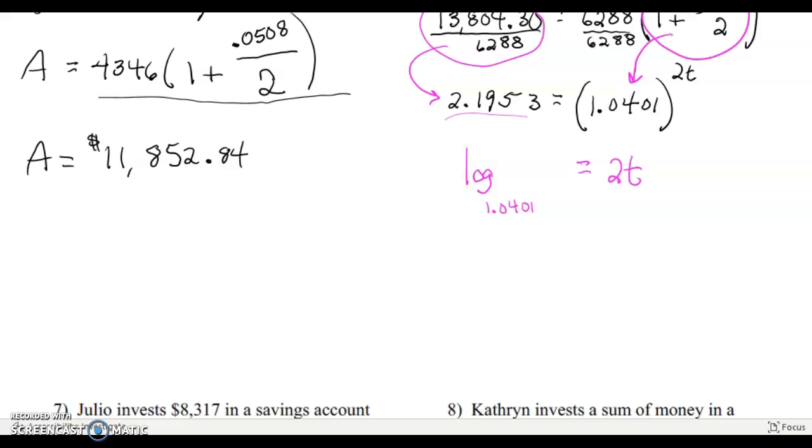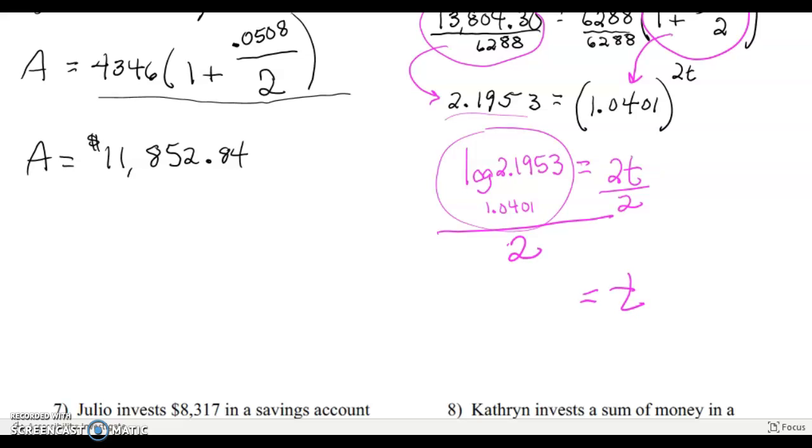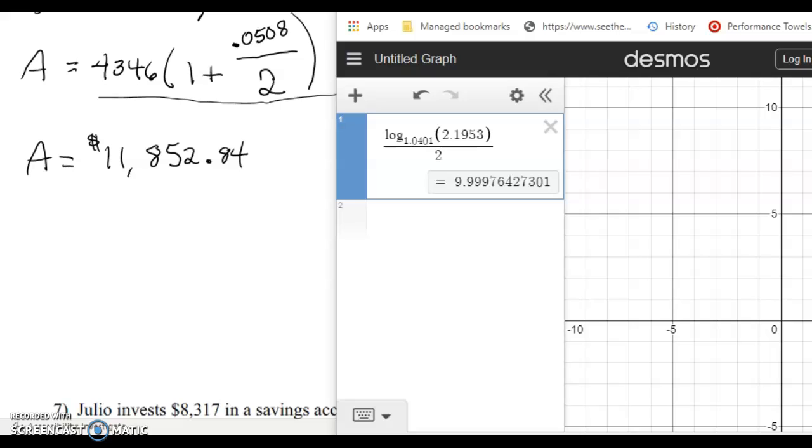And this number will go after log, 2.1953. I'm going to do this in Desmos. This is log base, that's under function miscellaneous. Log base, I'll type this in just the way it is, and divide by 2. Desmos will do it, and it will give me time. So I can show you how I type that into Desmos right here.